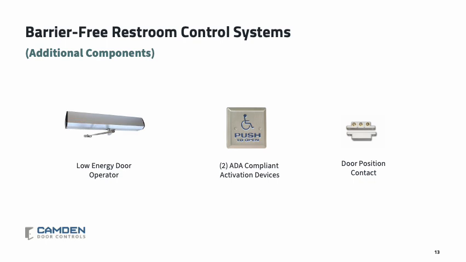A really interesting change we've seen in the industry is how low voltage system distributors are now stocking low energy operators, and how more and more installers are learning to install them without relying on the support of an automatic door company. In addition to the operator and switches, we've spoken of the need to have a magnetic contact to monitor the door position when using an electrified lock with a door operator.